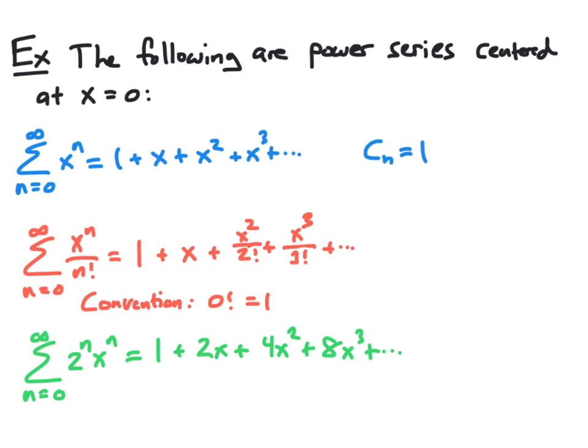By starting with n equal to 0 and substituting values of n into our formula, we obtain a sum that begins as 1 plus x plus x squared over 2 factorial plus x cubed over 3 factorial, and so on. Notice here that we are using a very standard convention that 0 factorial is always going to equal 1.